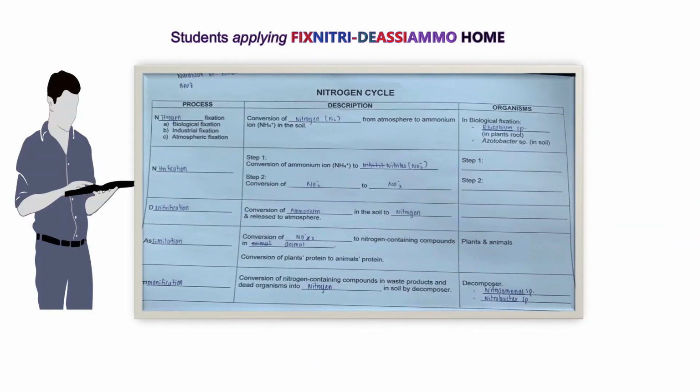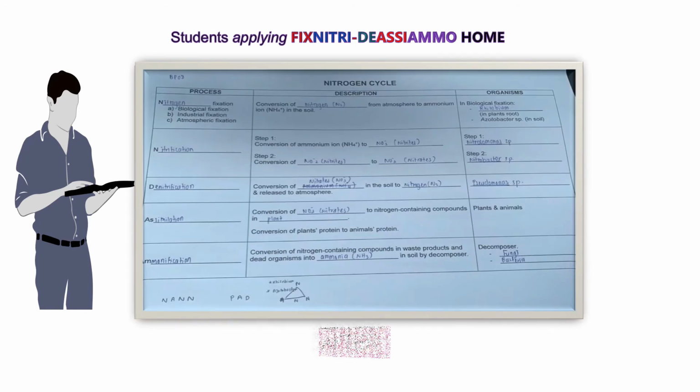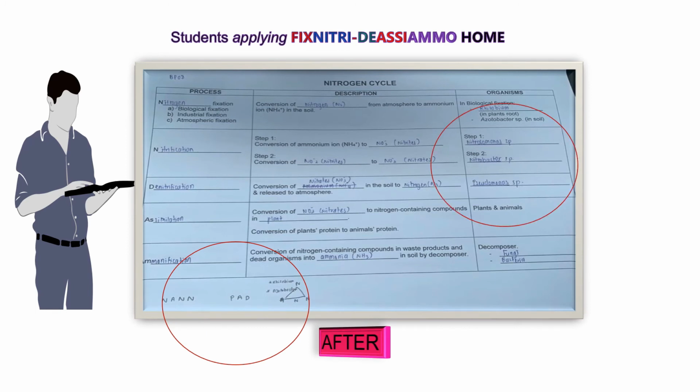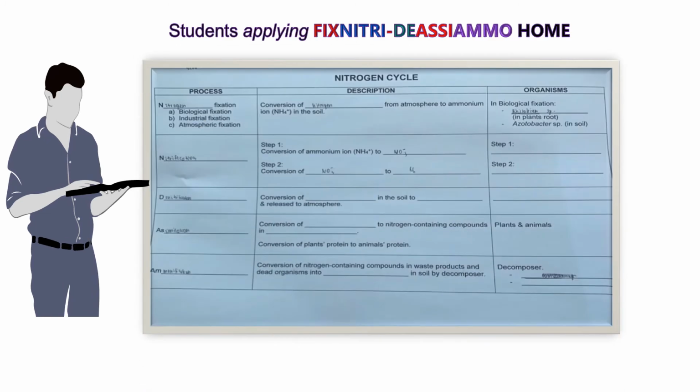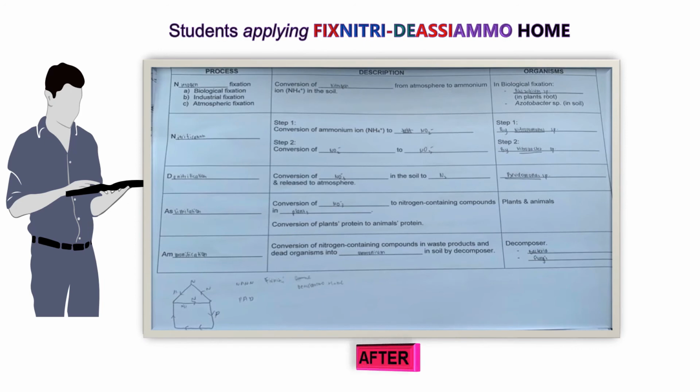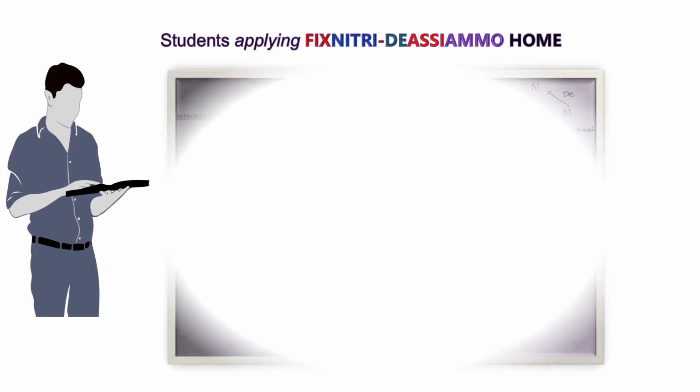Besides the increase in the mean of the post-test, we also noticed some students applying or sketching the FixNitri DeAssiAmmo Home during practice 2. Here is another example of how students used the FixNitri DeAssiAmmo Home to complete practice 2.